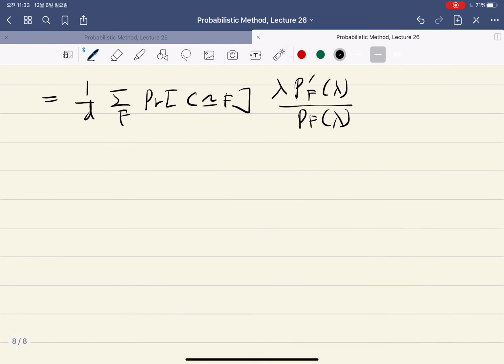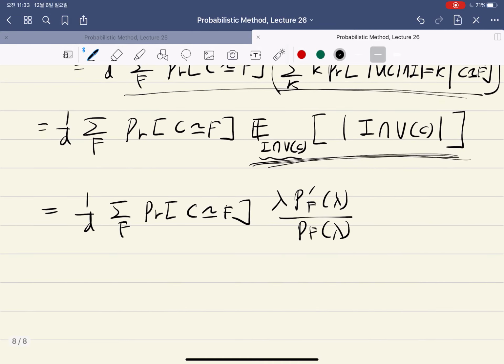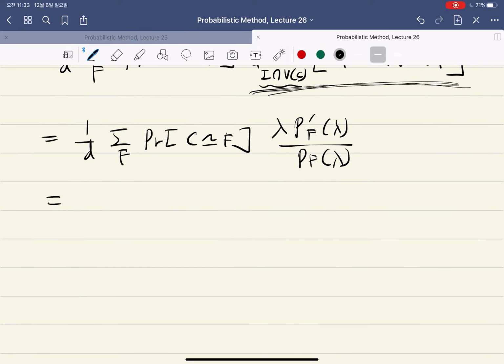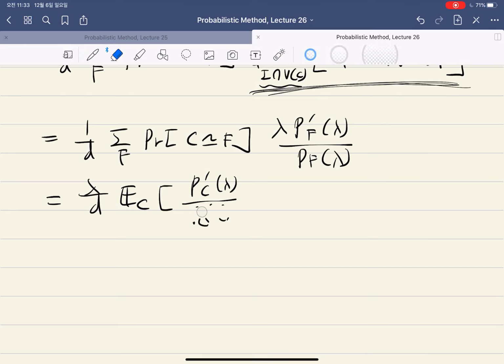So now what we want to do. So we have this. Okay, so this is actually this times expectation over all C. You take the P prime C lambda over P prime C PC lambda.